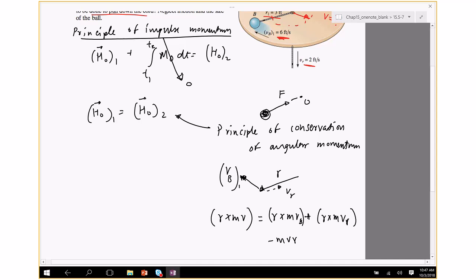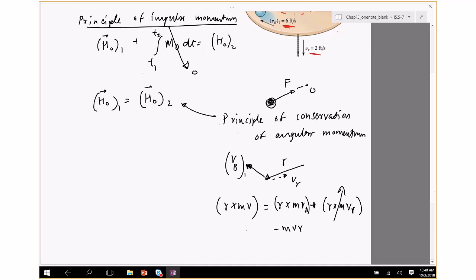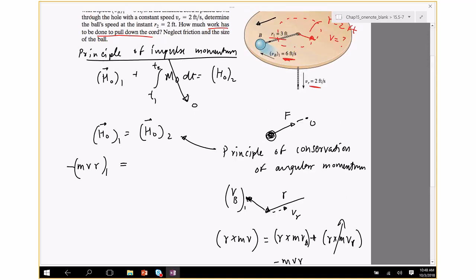VR is this direction, R is that direction. So when you do R cross VR, what's that going to be? R is pointing this way, VR is pointing that way. When two vectors are aligned, the cross product is always 0, because the sine of the angle between the two is 0. Sine of 0 is 0. So this is 0. So we can put that here, minus mvr, and that's initial equals, a similar explanation applies when it moves inward.